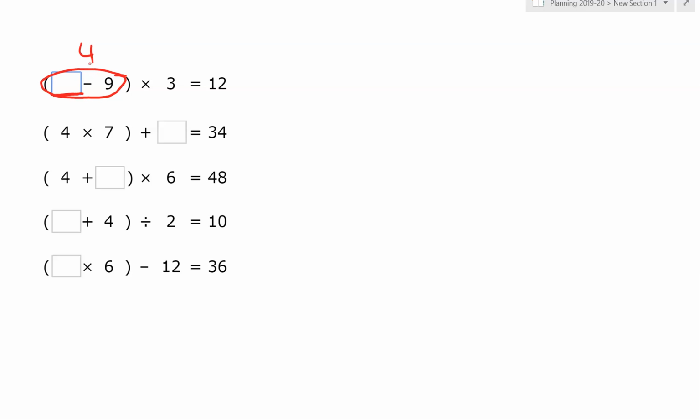So I need to think of a number that when I do the number take away 9, I get the answer 4. Well, the opposite to take away 9 is add 9. So 4 add 9 is 13. Let's try that out. 13 take away 9 is 4. Yes. 4 times 3 is 12. Yes. So that's that one done.